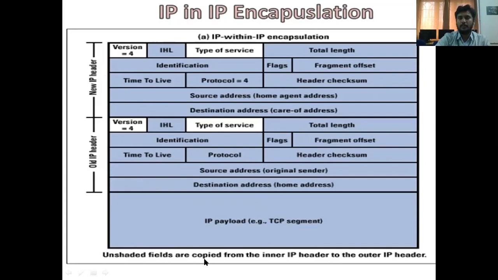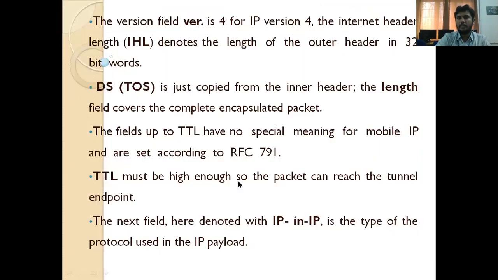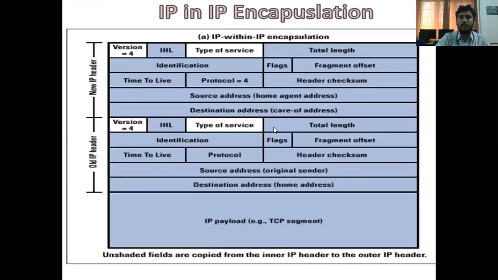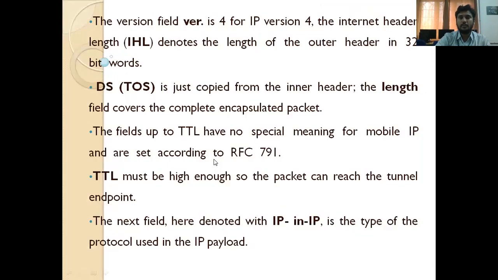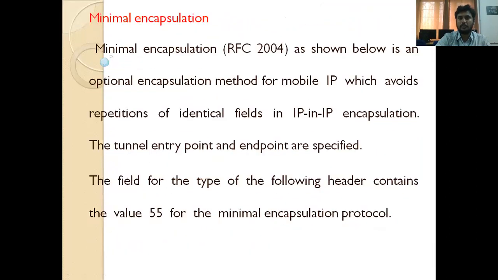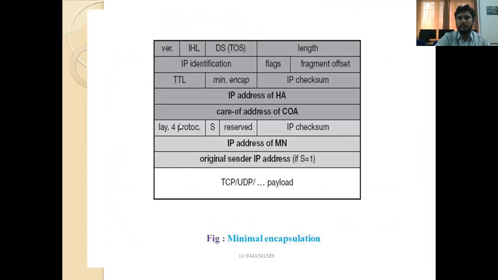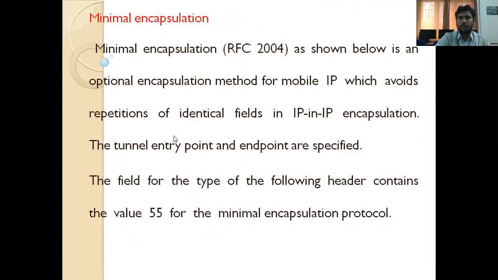Unshared fields are copied from the inner IP header to the outer IP header in IP in IP, but here some repetitions happen. To avoid that repetition, the minimal encapsulation technique was developed, which avoids the repetition of identical fields in IP in IP encapsulation.